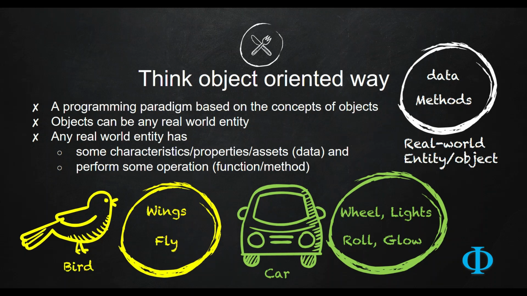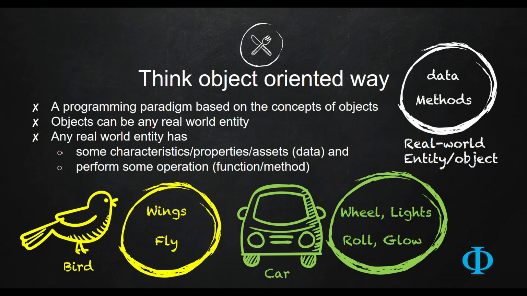In order to do that, you need to logically think what are the different components a real-world entity or a real-world object has. If you think logically, you will realize that there are two different things in a real-world object.